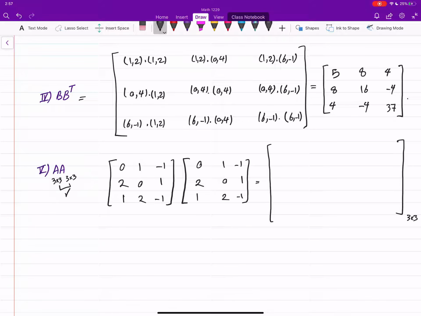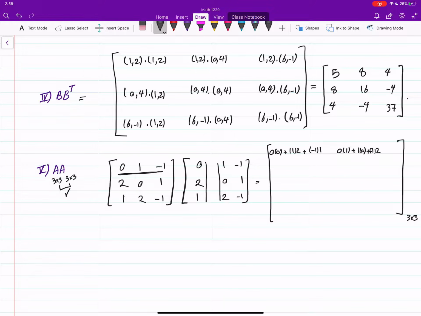So the first entry is first row, first column, dot product, those ones, 0 times 0, plus 1 times 2, and plus negative 1 times 1. Then the second one, first row, second column here. You get 0 times 1 plus 1 times 0 plus negative 1 times 2.